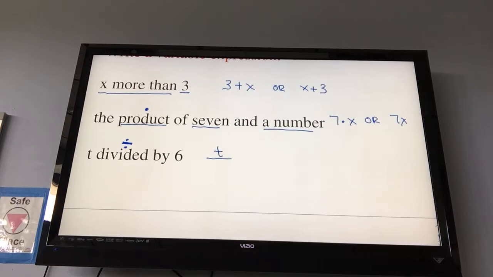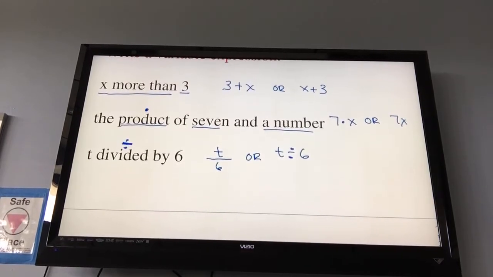divided by 6. I personally like the fraction because that's the best way to set it up when you're doing word problems as a fraction. Although I would accept this, it's not great, I'll be honest. T divided by 6 like that. So you need to start thinking of division as a fraction.